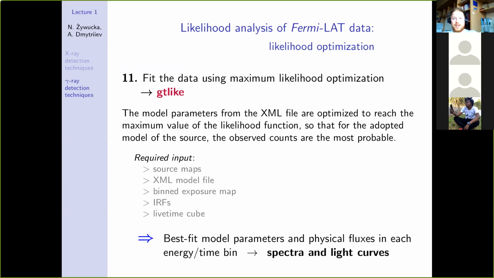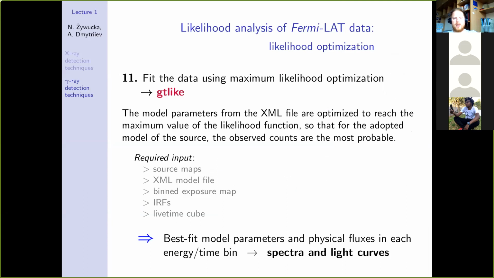The final step in the analysis is running the likelihood analysis, GT-like. As I said, the parameters in the file are optimized, and based on the parameters which maximize the likelihood function, we compute the flux in the energy bins.